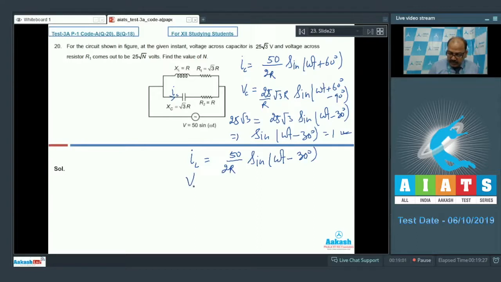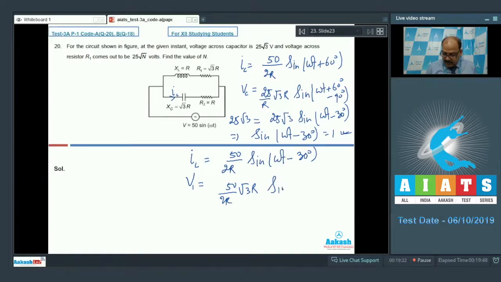Now VR1, or simply let's call it V1, the potential difference across R1, is now this multiplied by resistance, which is 50 by 2R into root 3R, and this voltage will be in phase with this current.